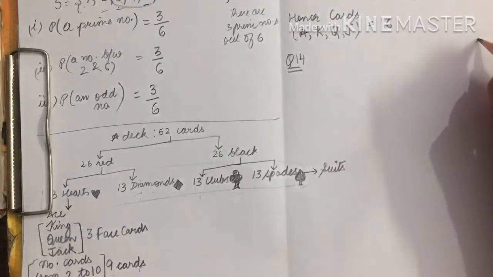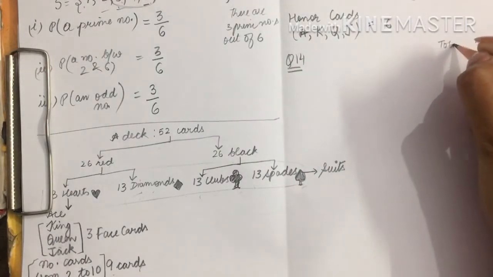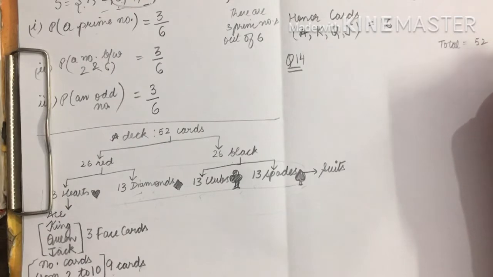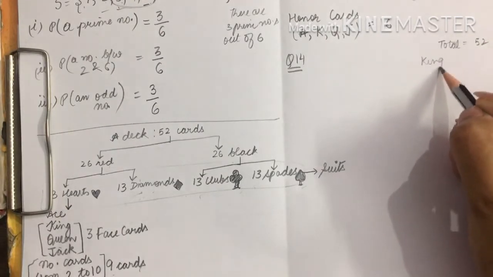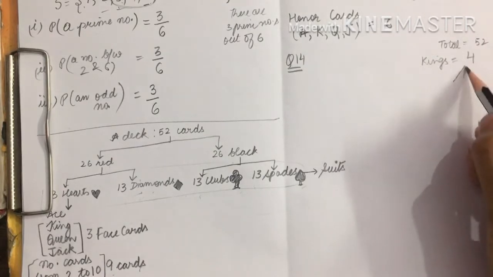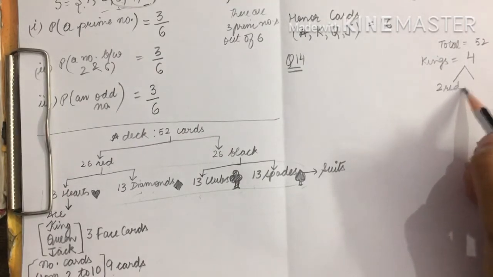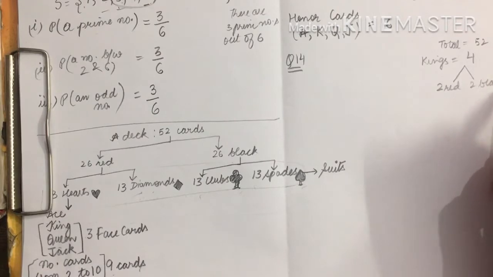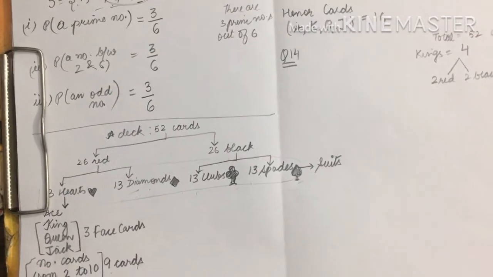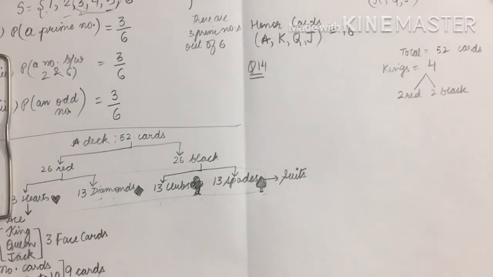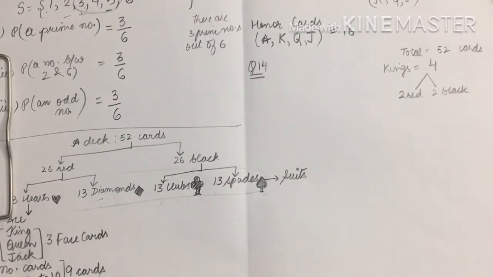If you want, you can write down there are total 52 cards. Then kings are 4, out of which 2 are red and 2 are black. So this is what we have.